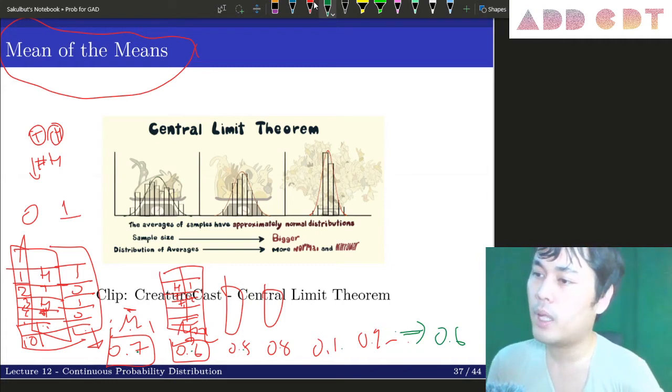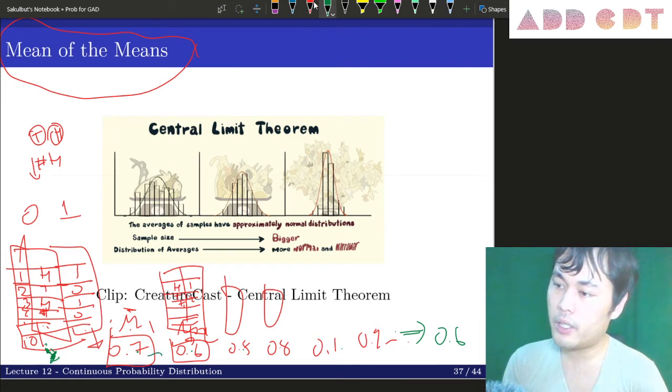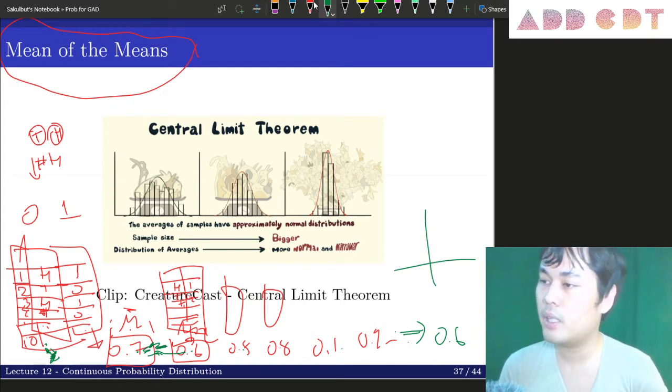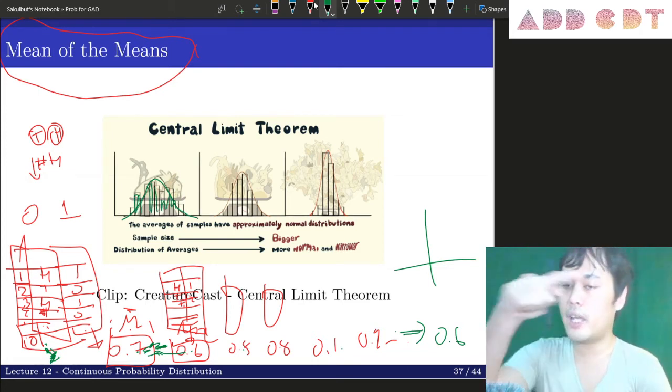Now this one is fixed at 10 coins. If we plot the sampling distribution of this experiment, we get something like that. It's going to look like a curve.